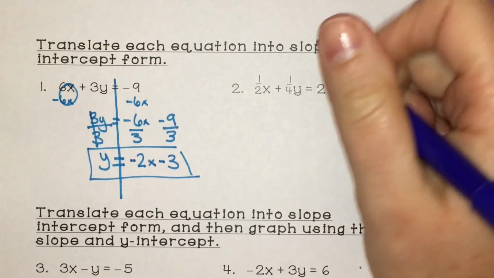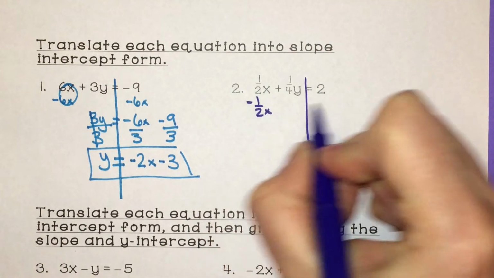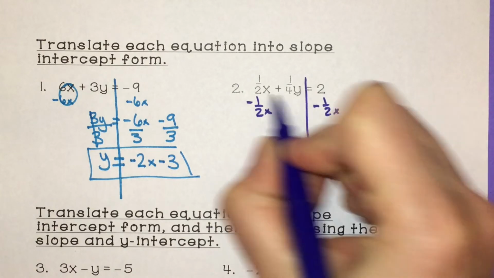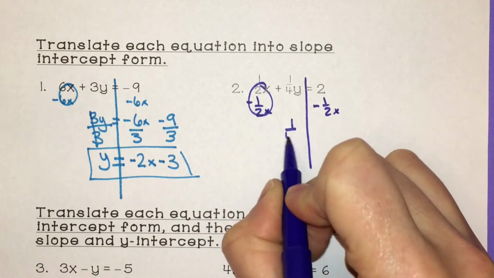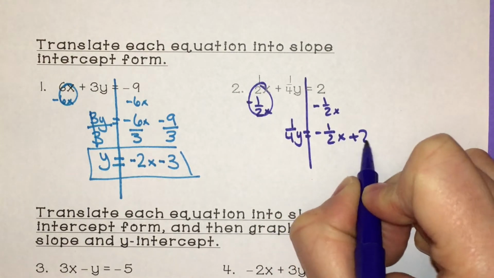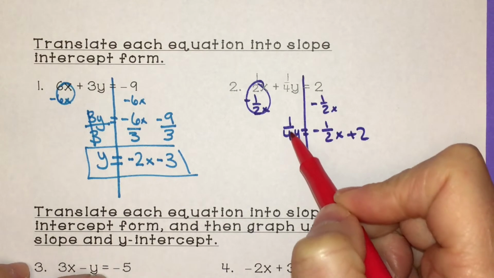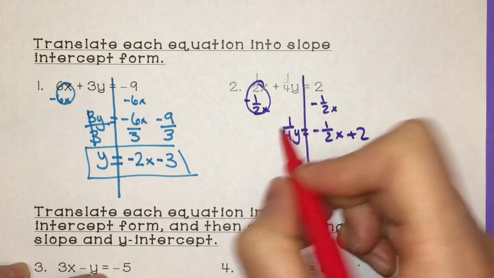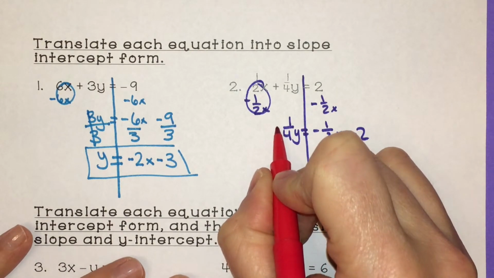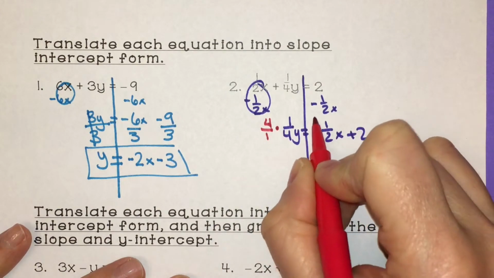Okay. Second one, we're going to subtract 1/2 x on both sides. We get 1/4 y equals negative 1/2 x plus 2. Now to get rid of the 1/4, y is being multiplied by 1/4. To get rid of that 1/4, remember you multiply both sides by the reciprocal.